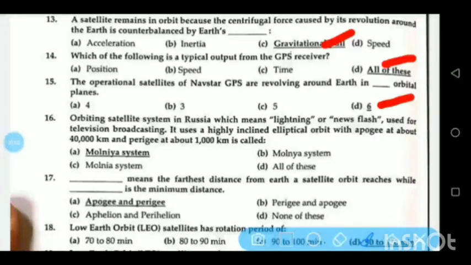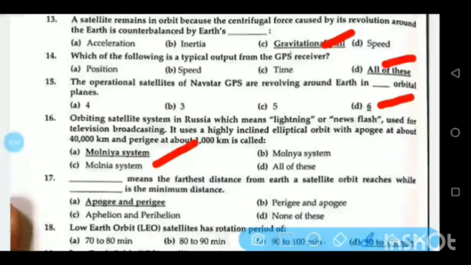Orbiting satellite system in Russia, which means lightning or news flash, used for television broadcasting. It uses a highly inclined elliptical orbit with apogee at about 40,000 km and perigee at about 1,000 km is called Molniya system.